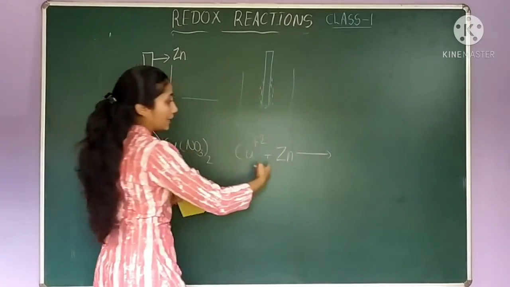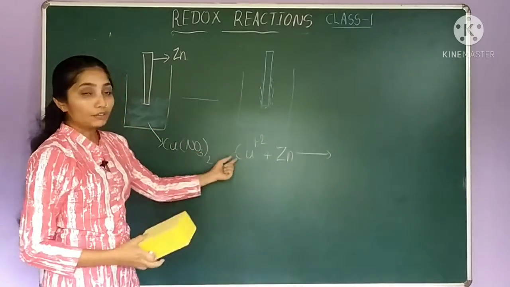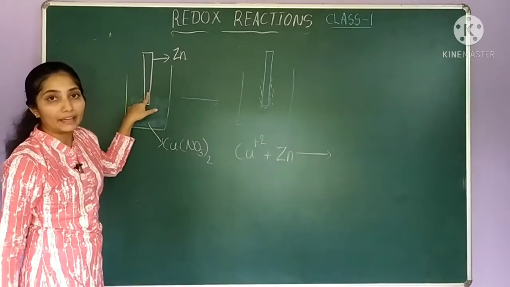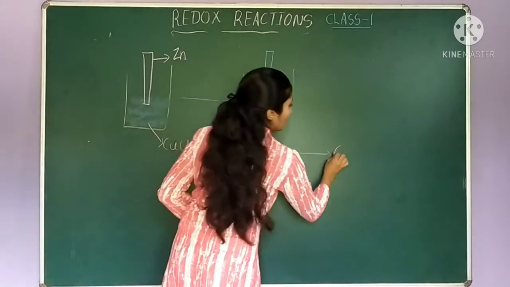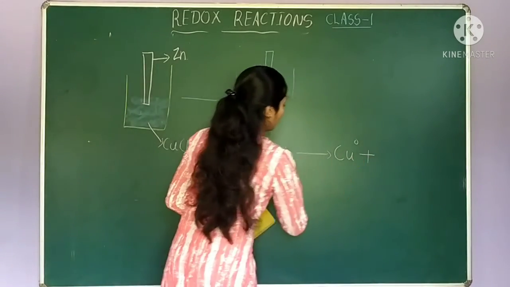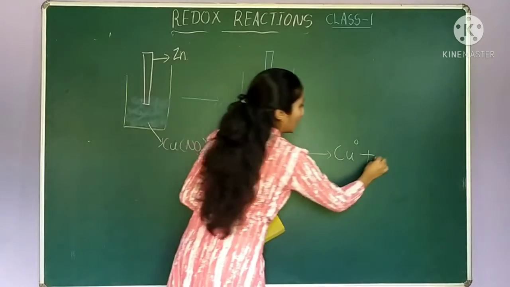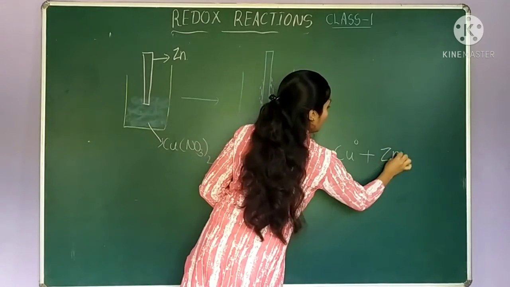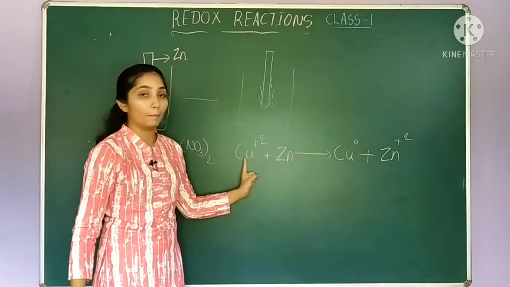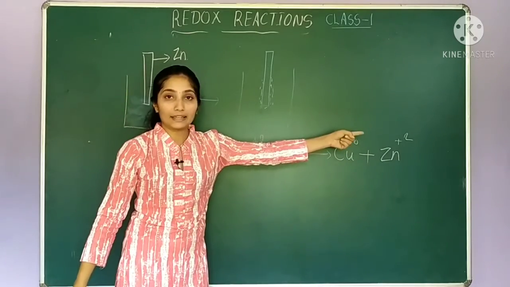After reacting with copper, what will happen? Copper from the solution will enter into metallic state and become Cu0, and zinc will become Zn plus 2. Sorry, zinc is donating electrons to copper and it is becoming Zn plus 2.